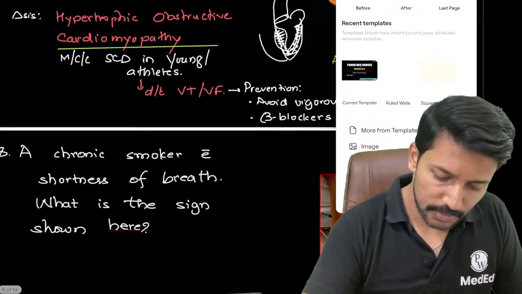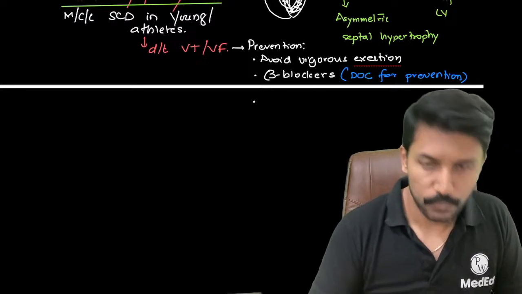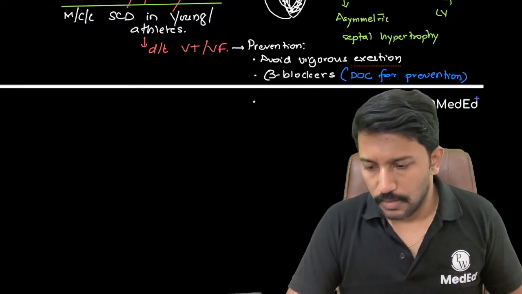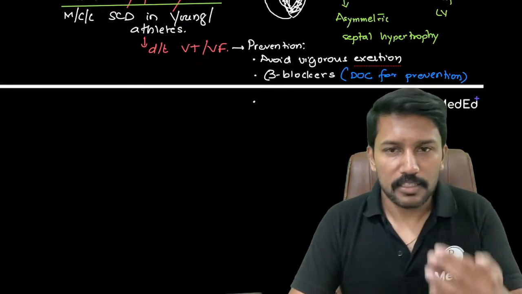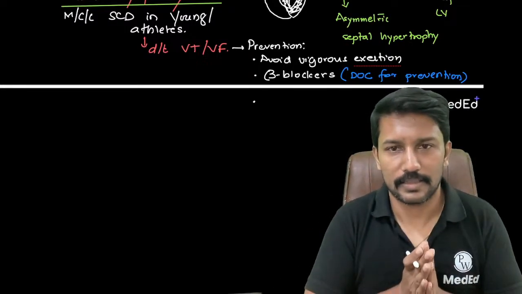Okay, but what if a patient develops a VT or VF despite being on beta blockers? What can I do? See, adrenaline is a myocardial stimulant, right? It will go and stimulate all the myocardial cells.